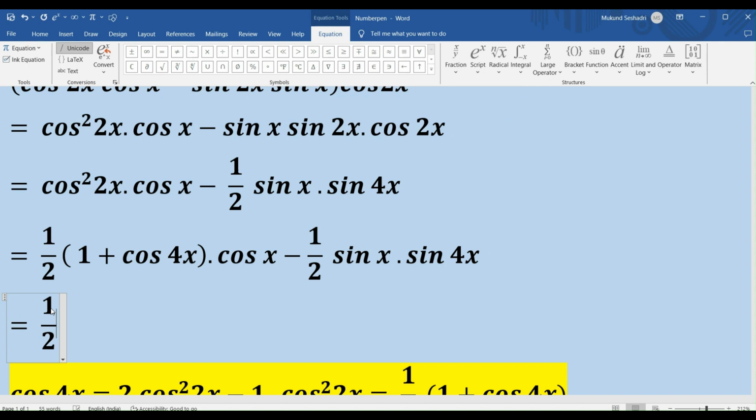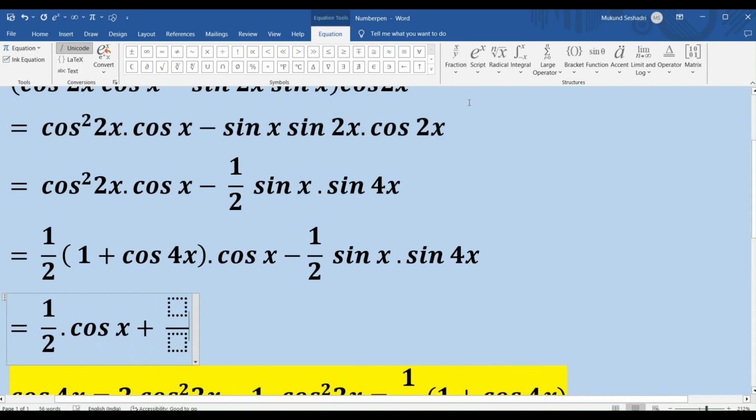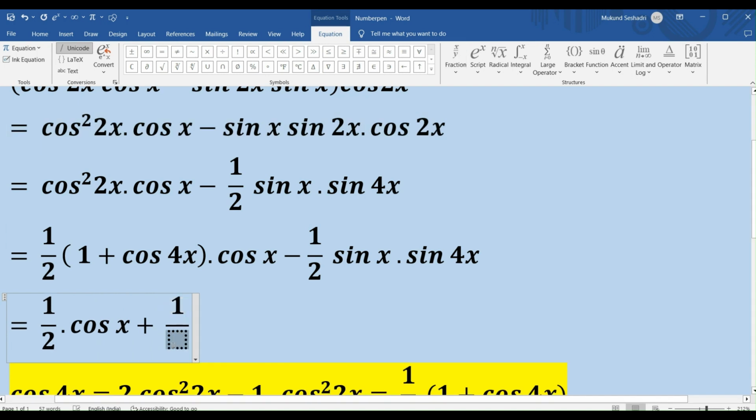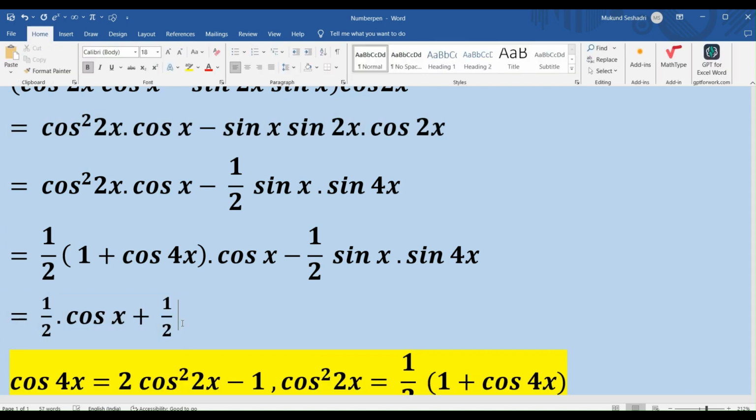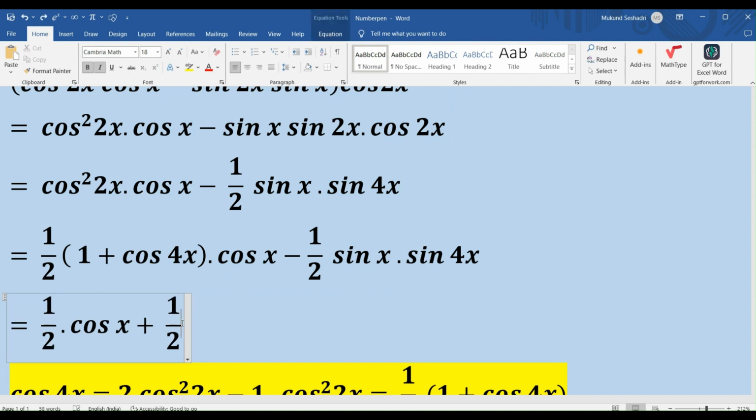Which means I can rewrite this expression as half of cos x, right? Plus, observe this very closely, I have half of cos x into cos 4x minus sine x dot sine 4x.